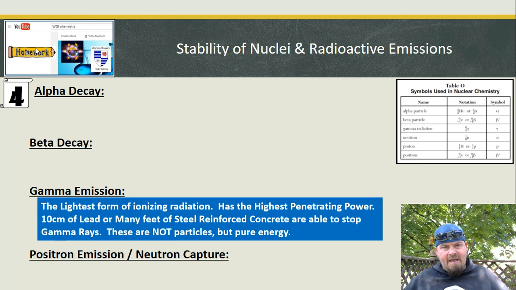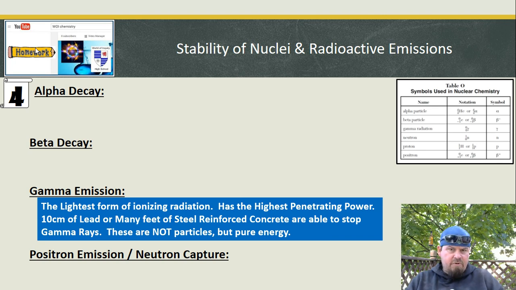Then comes the boogeyman. So gamma is where all the bad stuff comes from, as far as causing cancer and the reason why you're not supposed to be in the sun too long. But you'll hear them talk about UV rays, but UV rays is not the biggest problem as far as your exposure to what's coming out of the sun. That would be gamma.